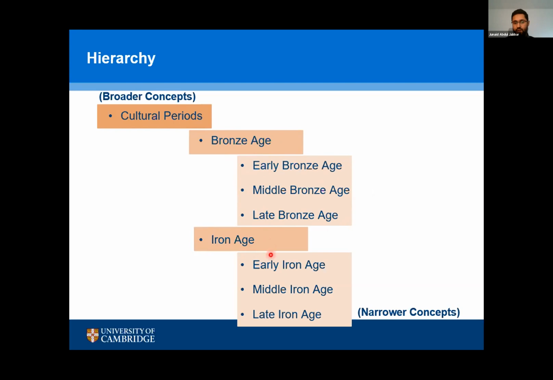Similarly, for the Iron Age, there are narrower concepts available: early Iron Age, middle Iron Age, or late Iron Age. And depending on our data set and the requirement, if there is another narrower level available within the Bronze Age, this could be defined at the third hierarchy level.